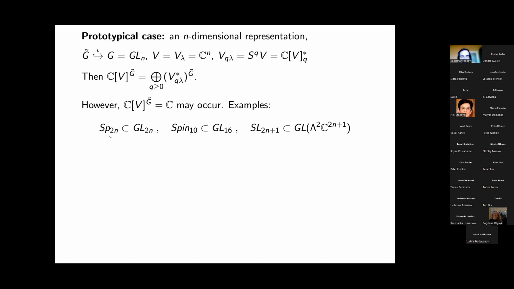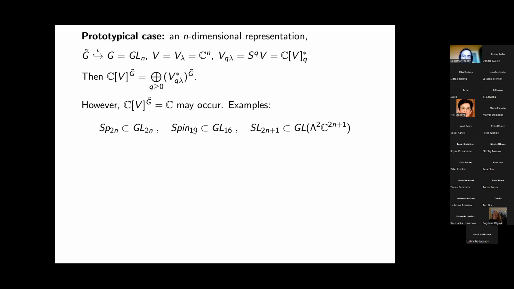And here are a couple of examples. The symplectic group inside here, this is very large. It acts transitively on the set of non-zero vectors in its natural representation, and there is no chance for invariance. Spin 10 in the spin representation, which is 16-dimensional, also has no invariance. Higher spins do have invariance.